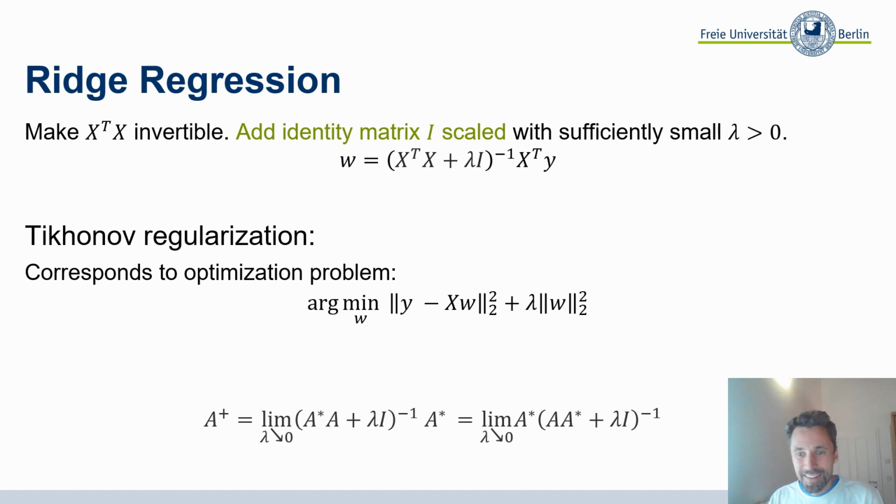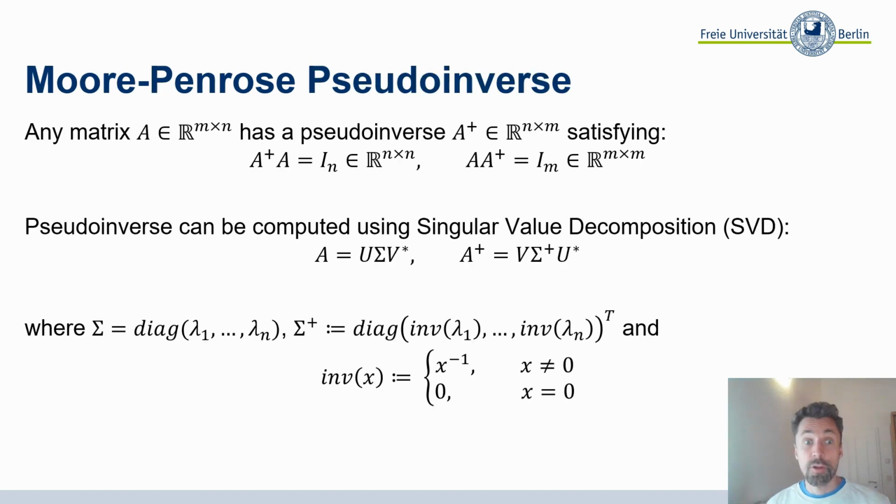Well, A plus is the Moore-Penrose pseudoinverse, or short pseudoinverse, which is a pretty cool matrix. Any matrix A, it doesn't have to be square, could be any size, has a pseudoinverse A plus, such that if you multiply it with the original matrix, you get the identity, and that holds for both sizes.